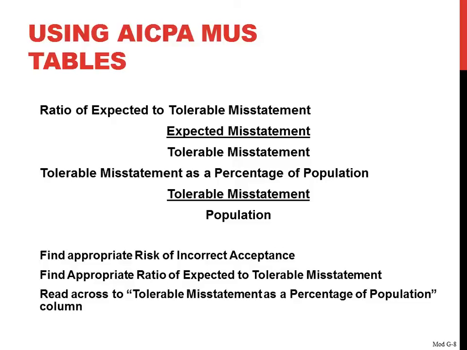You're also going to look at your tolerable misstatements as a percentage of the population, right? And then you're going to find using the tables the appropriate risk of incorrect acceptance, the appropriate ratio of expected to tolerable misstatement, and then basically, similar to the tables for over and under reliance, you're going to follow the columns and the rows and come up with the correct number.